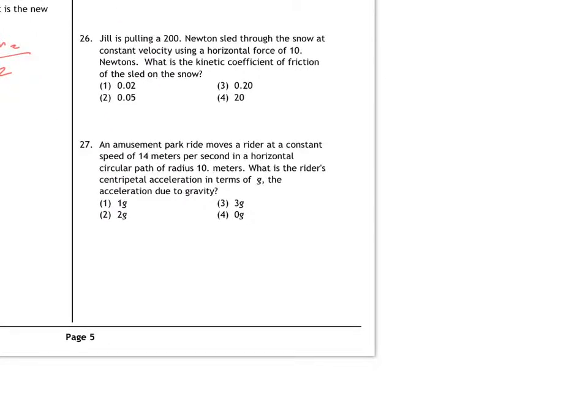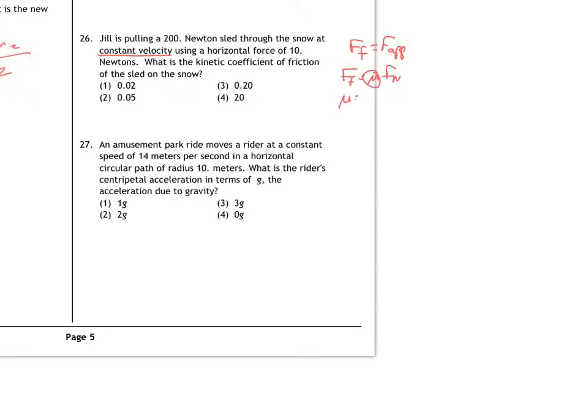26. Jill is pulling a 200 newton sled through snow at constant velocity, so I know that Ff is going to be equal to Fap, using a horizontal force of 10 newtons. What is the kinetic coefficient of friction of the sled on the snow? Let's use this equation as well: Ff equals mu Fn, and we're looking for mu in this case.